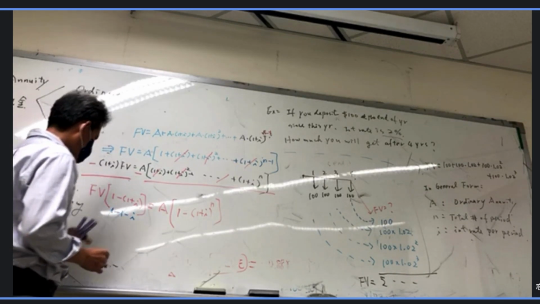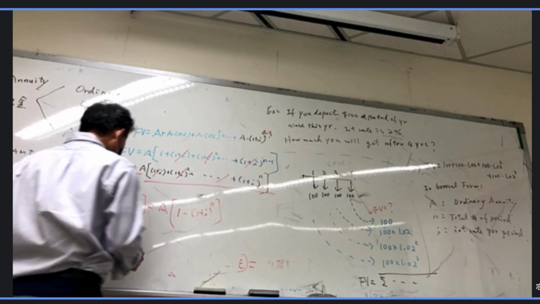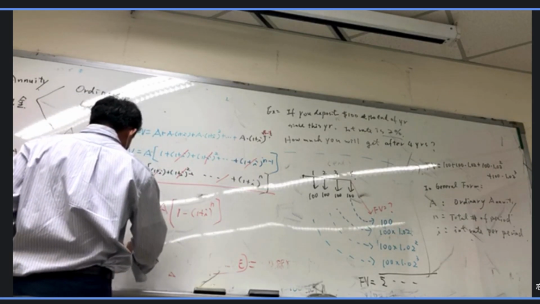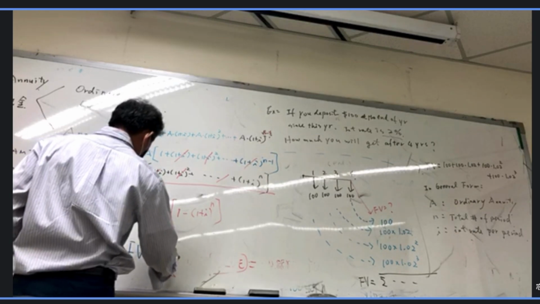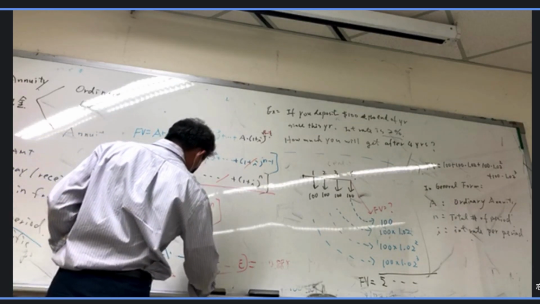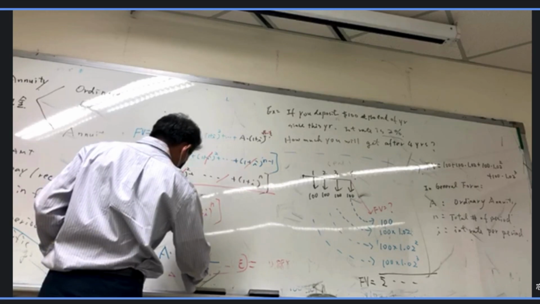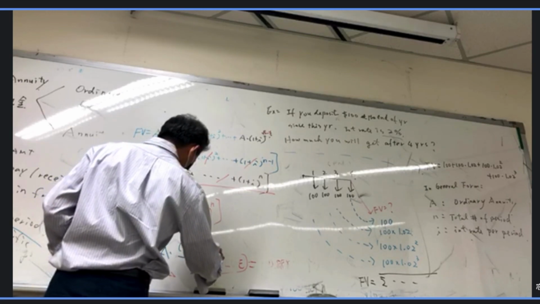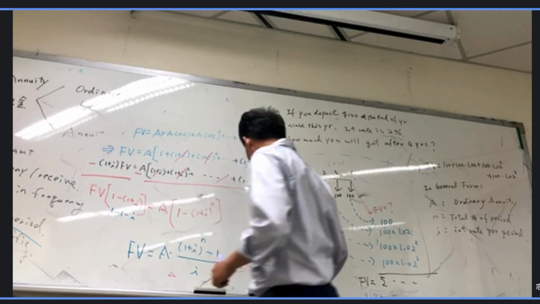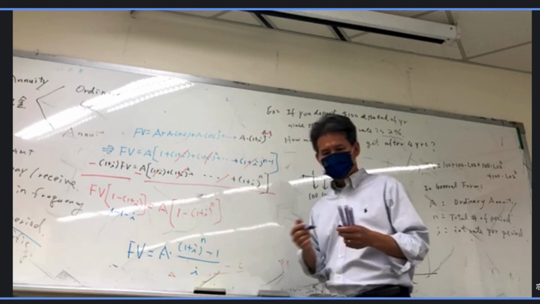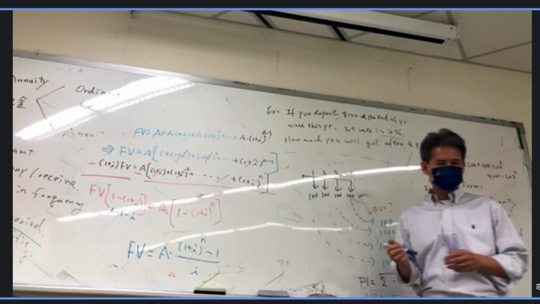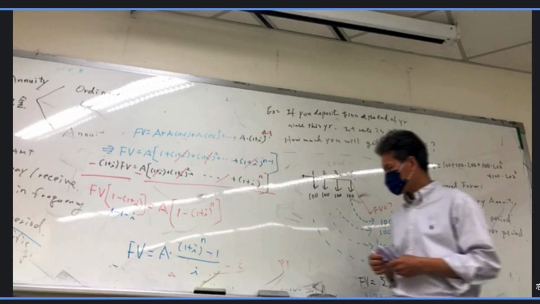So move it to the bottom. So we have A times 1 plus I to the power of n, minus 1, over I. So pretty, so neat.